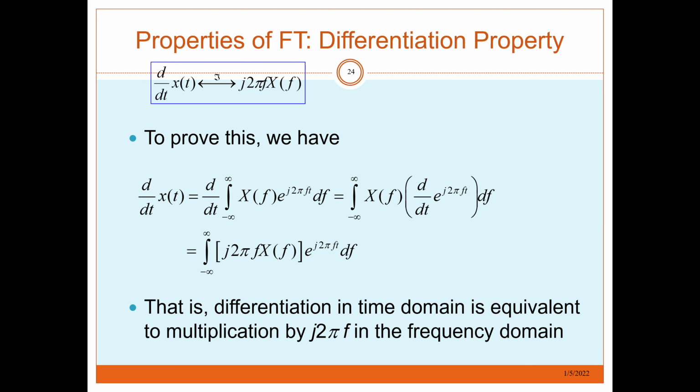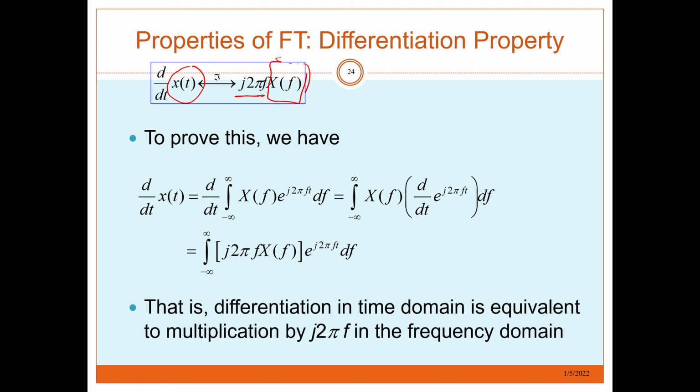Alright, so the next property is the differentiation property. For example, we want to differentiate a signal in the time domain. In the frequency domain, you just transform the signal x(t), but multiply it with j2 pi f.